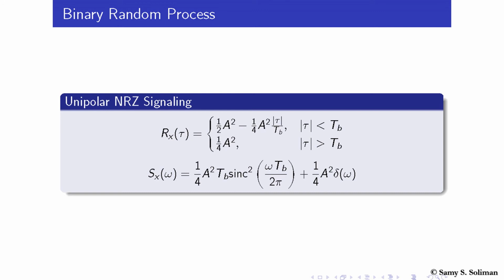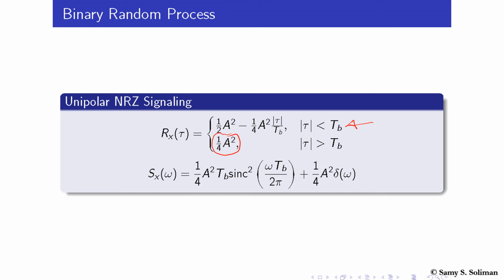Following the same procedure, we find that for tau less than TB, the autocorrelation function is calculated as shown, while for tau larger than TB, the autocorrelation function is not 0, it is rather 1 over 4 A squared.